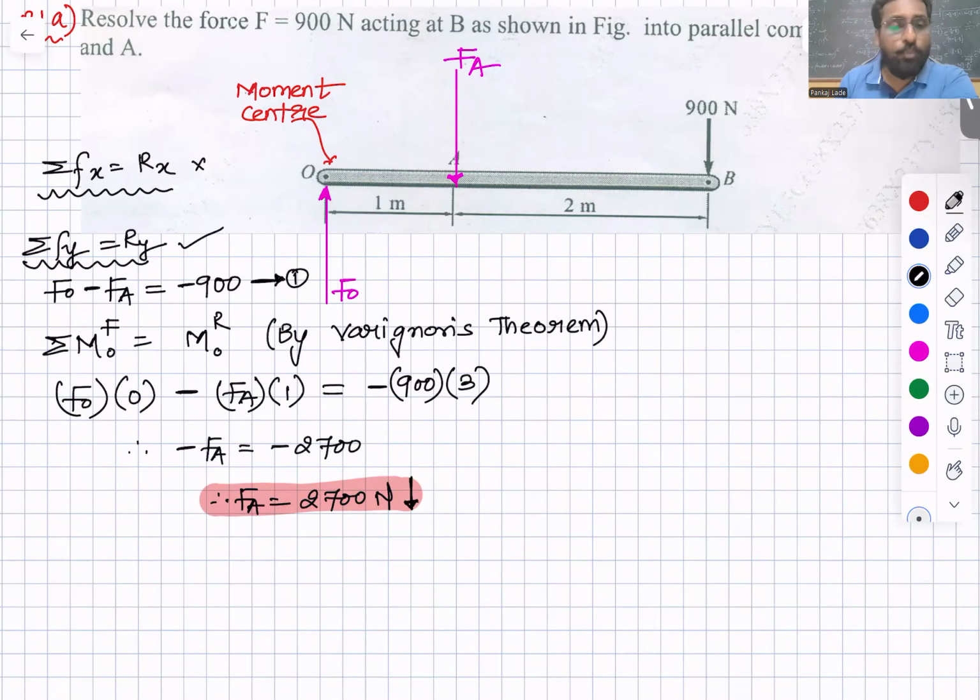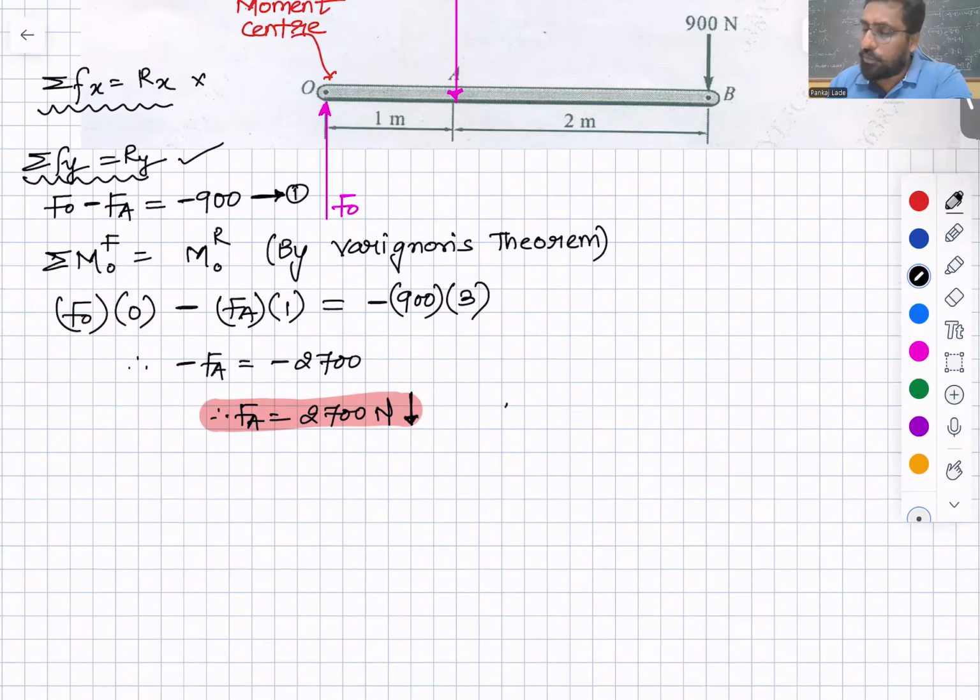अब FA का वैल्यू तो मिल चुका है हमको 2700 न्यूटन. ये वैल्यू लेके सब्स्टिट्यूट कर दो equation 1 में. Substitute in equation 1. So what do I get?